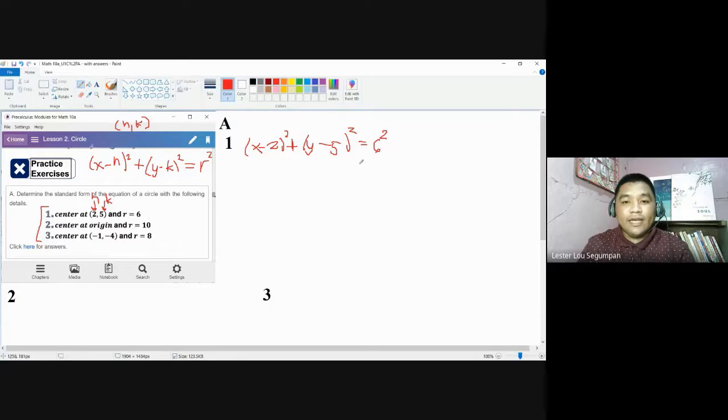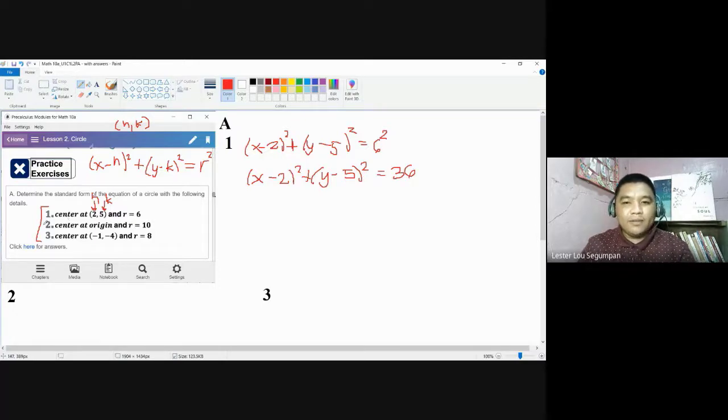This is already in standard form and is acceptable. Other references will simplify 6 squared, so you have (x minus 2) squared plus (y minus 5) squared equals 36. Both are acceptable and correct.